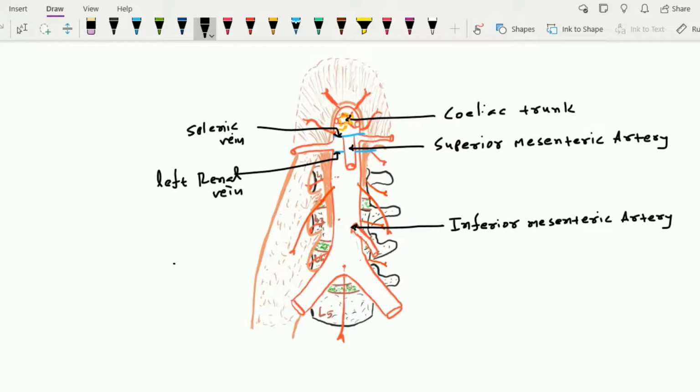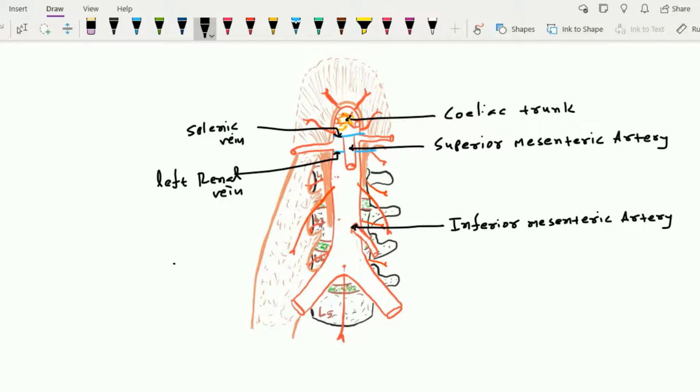The origin of the inferior mesenteric artery is crossed by the third part of the duodenum, and that's why this third part of the duodenum also lies anterior to the abdominal aorta. And this whole abdominal aorta is retroperitoneal, so that's why it is covered by the peritoneal covering.